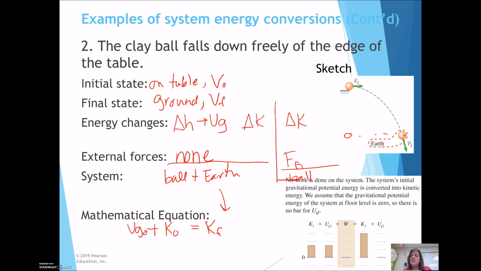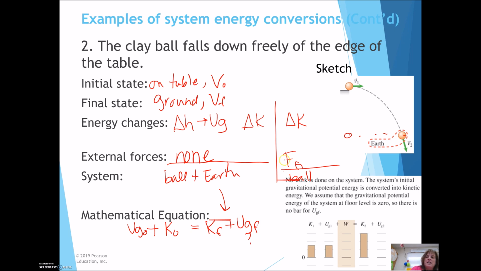If it's falling farther, say I just wanted to know what it was like 2 meters above the Earth and it started at 20 meters, then I would have some final gravitational potential energy. So it depends upon where we set our height as 0. In this case, I have no work, provided I keep the Earth in the system.